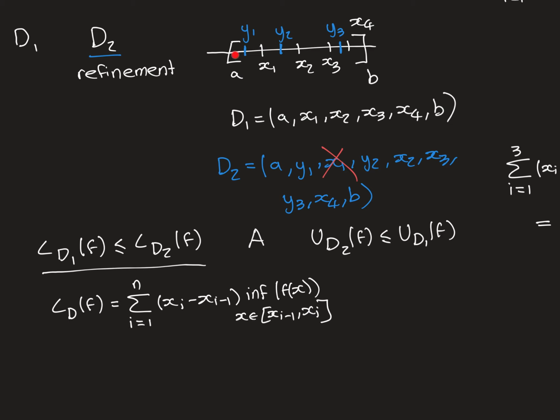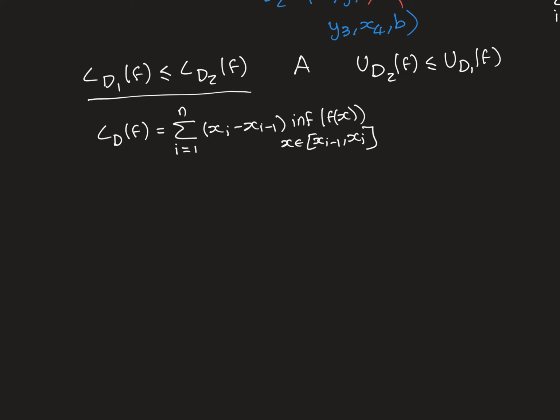If we just consider one of these for the time being, so to simplify it, let's just firstly consider this bit, this part of the original Riemann sum of D1. So for D1, part of that Riemann sum was this x1 minus a, that's the length of the interval, times the infimum of the values of f over the interval from a to x1.